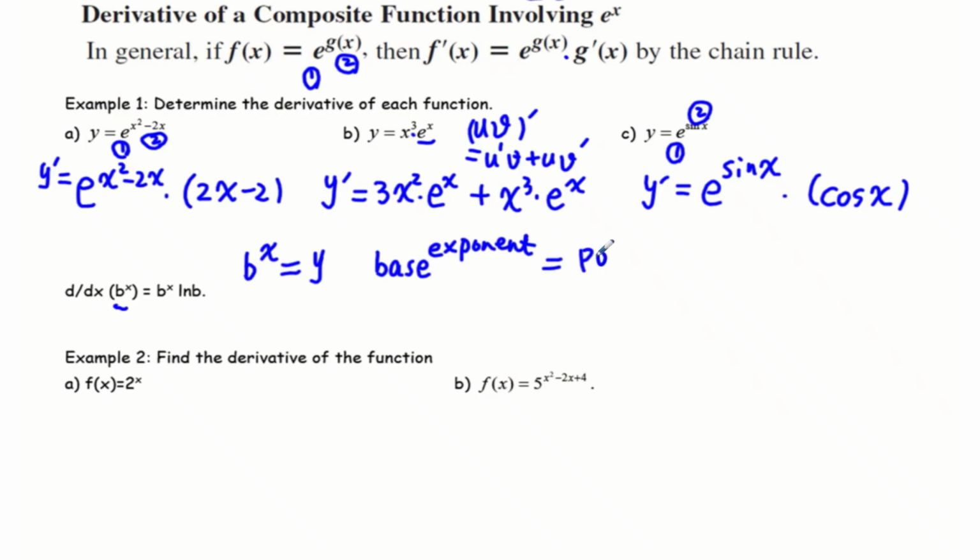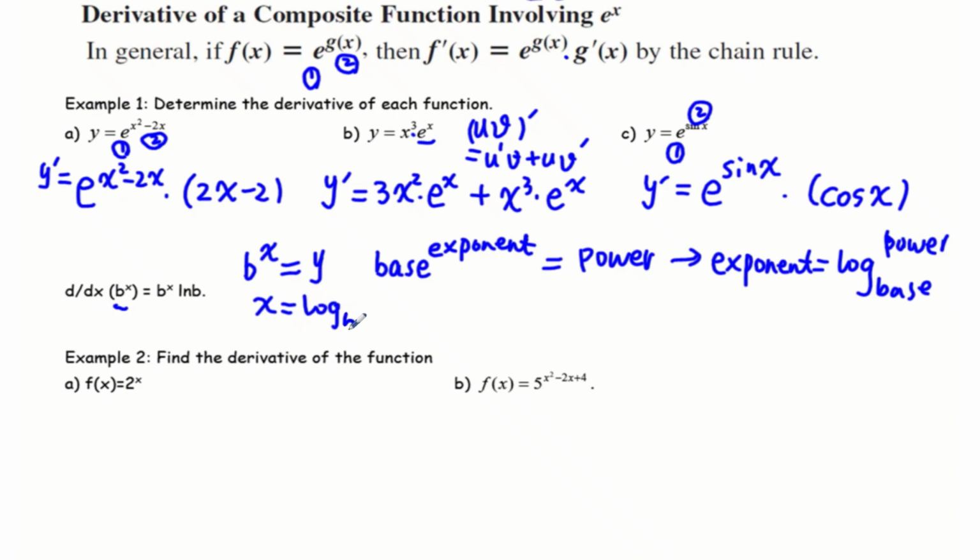So we want to use that base to the exponent equals the power, then change it to the log form: exponent equals log base to the power. Okay, this is what we want. So here we write x equals log base b of y. Then we could continue to change the base: ln y over ln b, where ln means log base e.